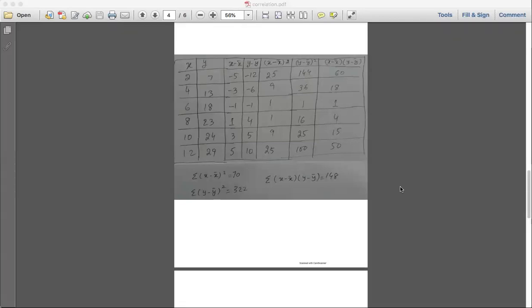I will try to write it here, so we can easily see what we need to find. r is equal to summation (x minus x bar) into (y minus y bar) divided by the square root of summation (x minus x bar) square, and square root into summation (y minus y bar) and its square. Okay.